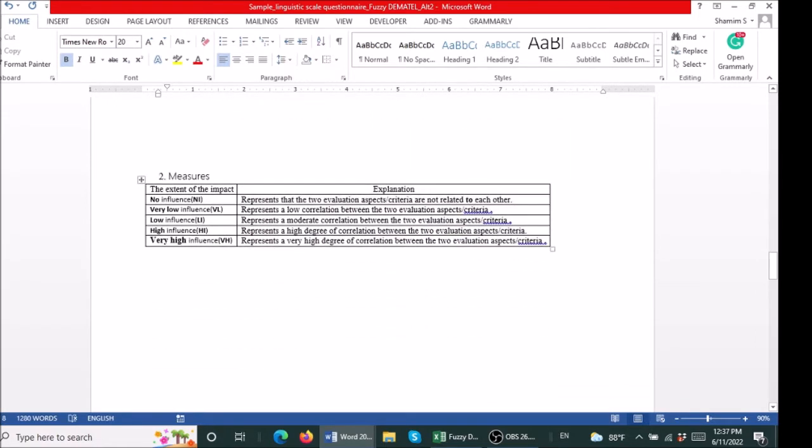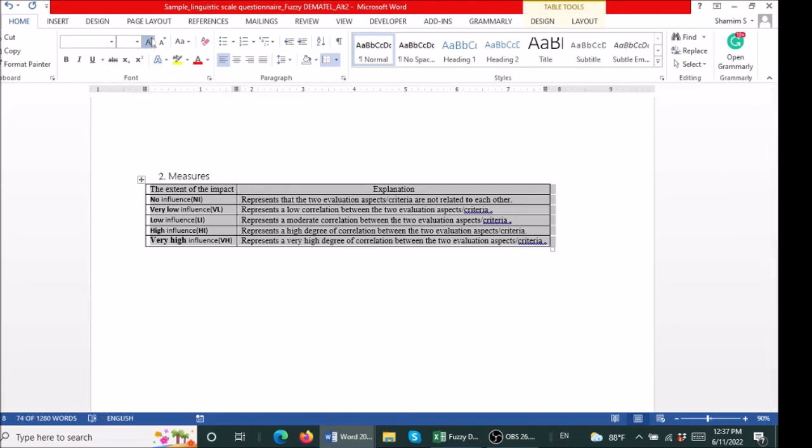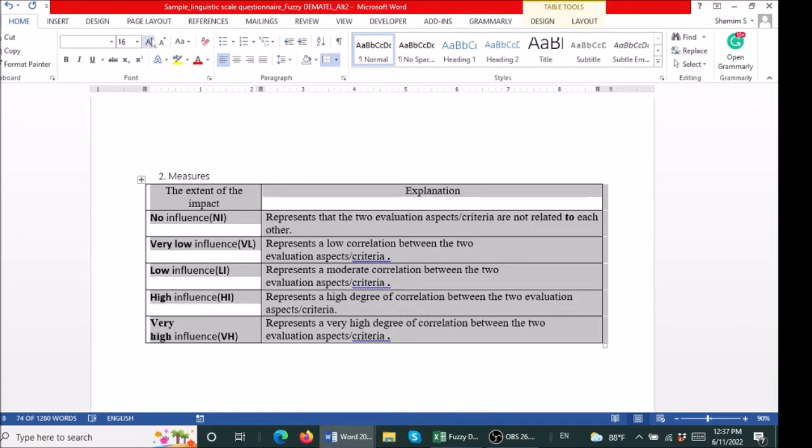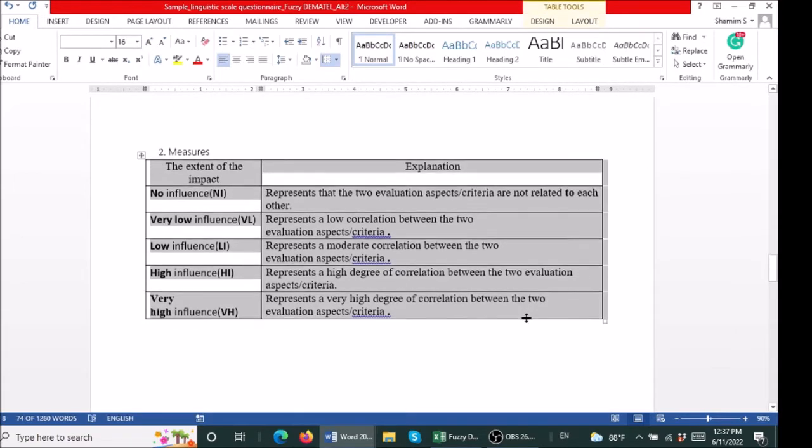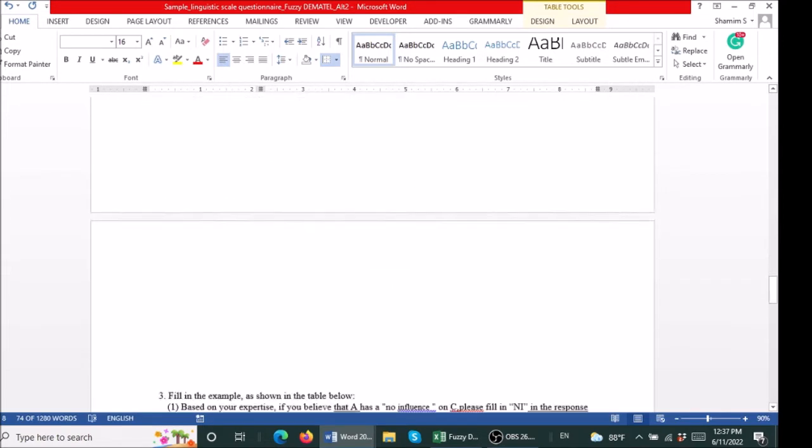So now here we are using the same measures: no influence, very low influence, low influence, high influence, very high influence. Same measures.